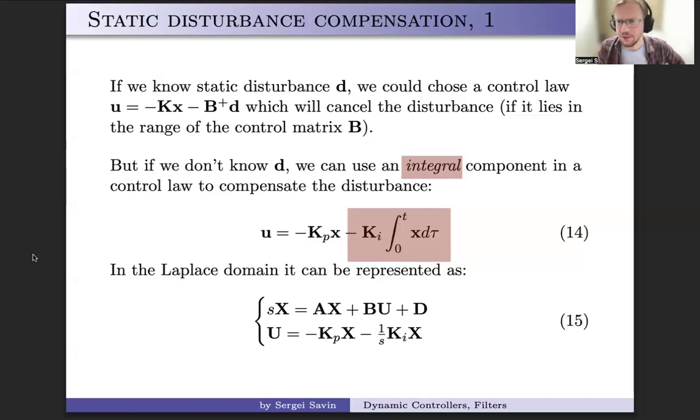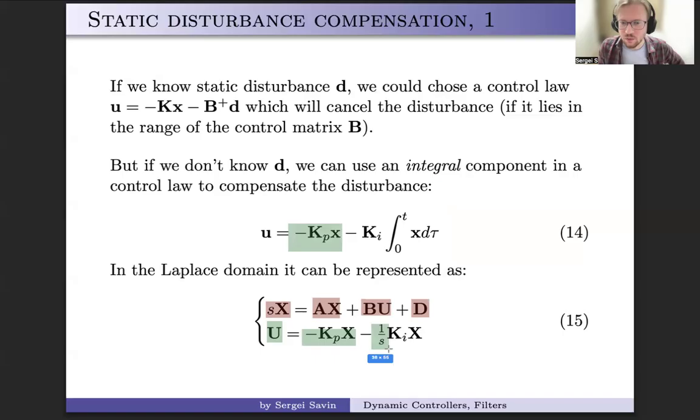The idea would be, roughly speaking, the same in all cases. Let us present everything again in Laplace domain. So we have S times X equals to AX plus BU plus D. And U would be equal to minus KP X, this guy, minus 1 over S KI X, this guy. So that is what we have in Laplace domain.